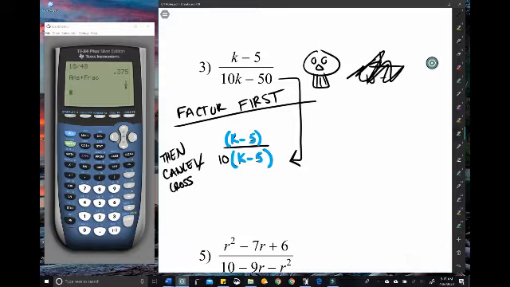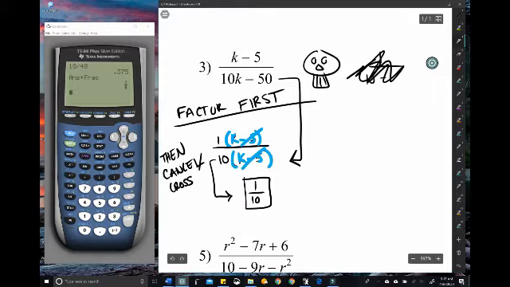So k minus 5 and the k minus 5s, those cancel and they leave us with really a 1 out front, and your answer is 1 over 10. So just be careful, okay? You can't just cancel things when subtraction or addition is in between. They have to be sharing it as an entire factor.